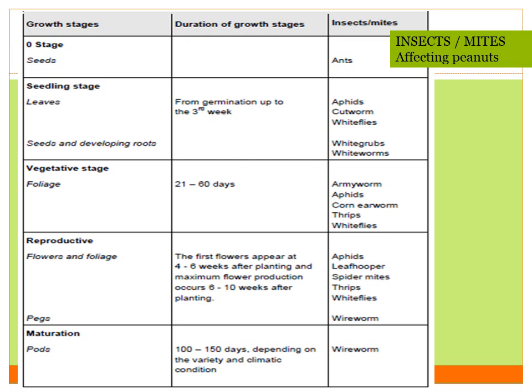IPM significantly relies on understanding the interaction between pests and crops to select the most effective set of easily available pest management methods. The different growth phases of peanut were discovered to be infested by many types of insect pests.